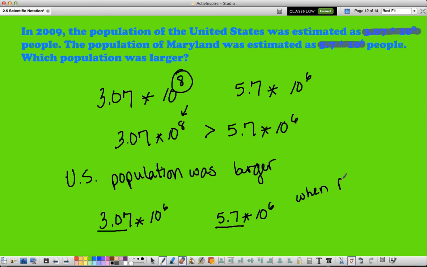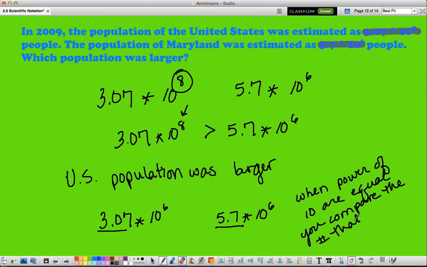So when your powers of 10 are equal, you compare the numbers that are between 1 and 10.